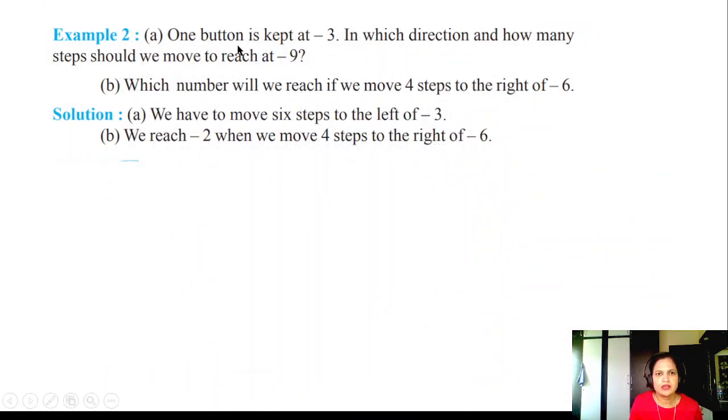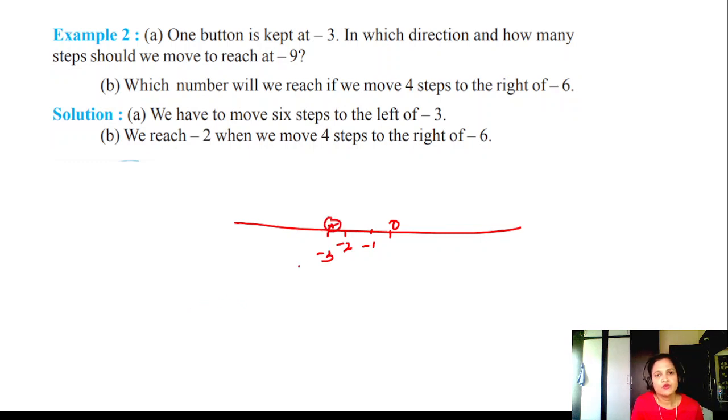Example 2. A button is kept at minus 3. In which direction and how many steps should it be moved to reach minus 9? It is 0, minus 1, minus 2, minus 3. Now she is at this position, minus 3.